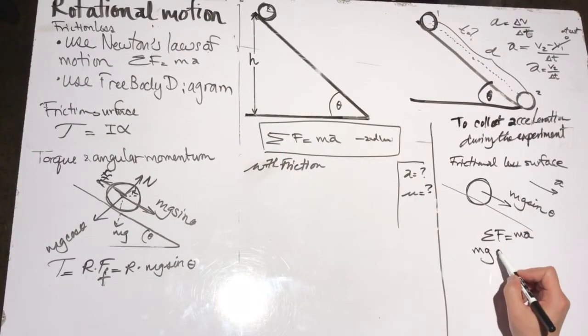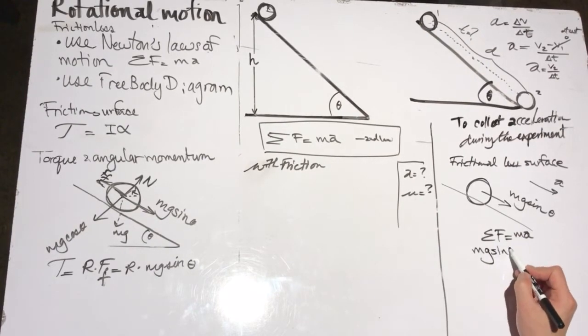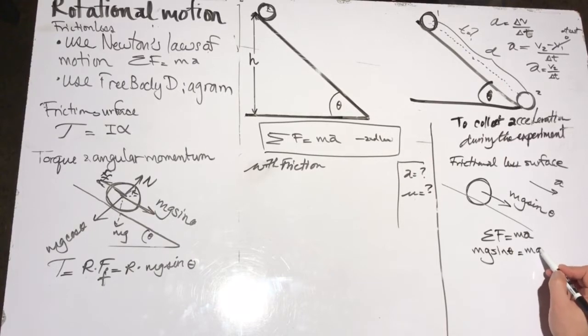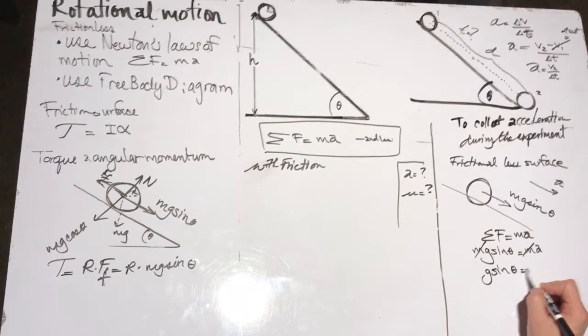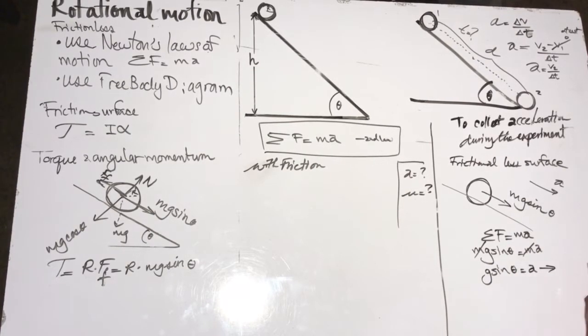The force mg sin of the angle is equal to the mass times acceleration. If we solve for acceleration, we cancel the mass out, so acceleration is equal to the gravity times sin of the angle, which is very easy because there's only one force.